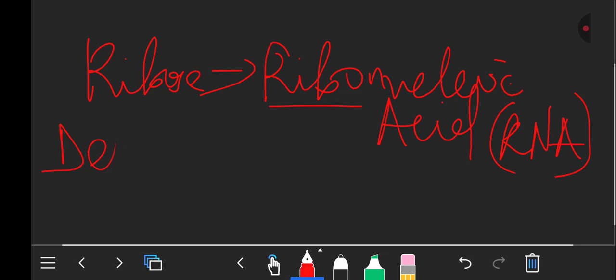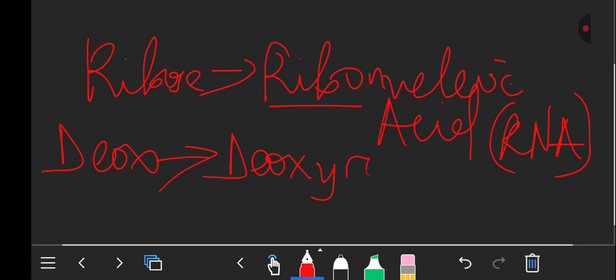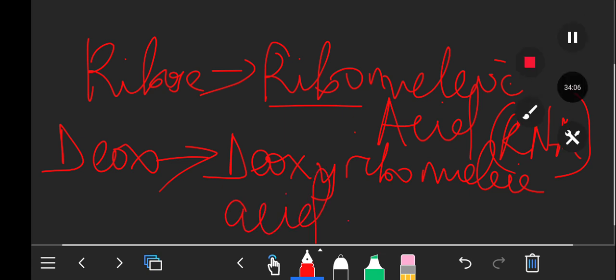But if the pentose sugar which is being used is deoxyribose, it has lost 1 oxygen. So the nucleic acid which is going to be formed is deoxyribonucleic acid.